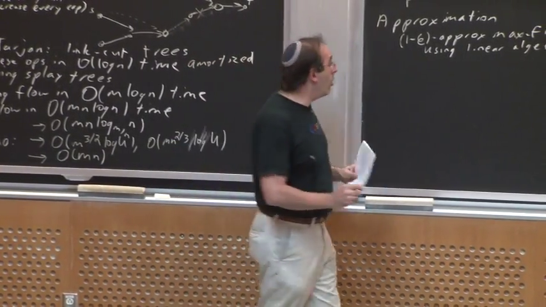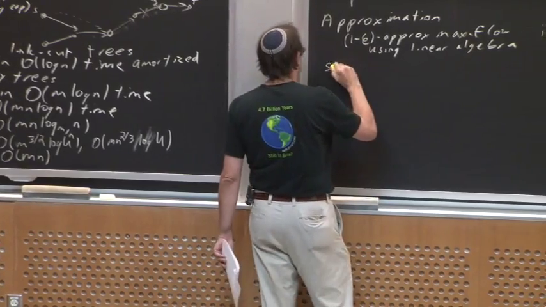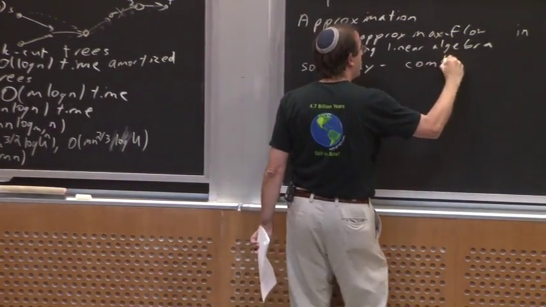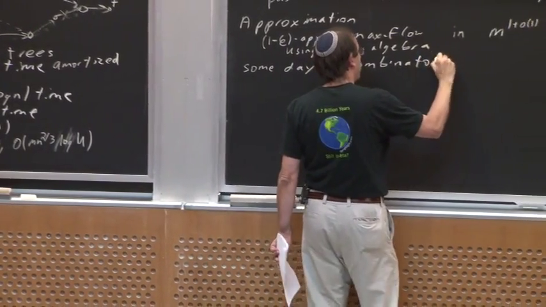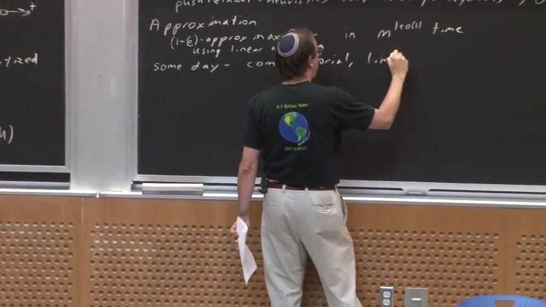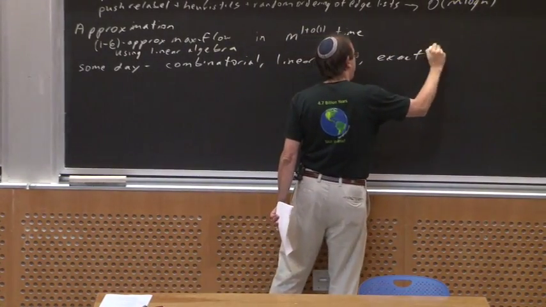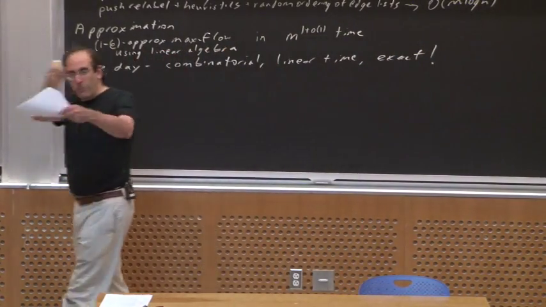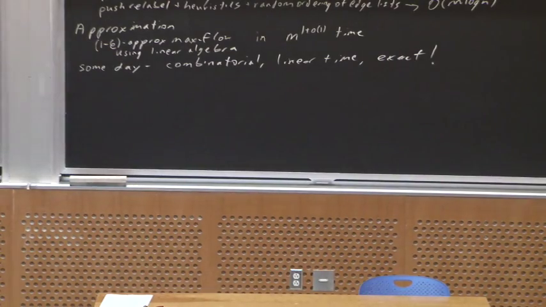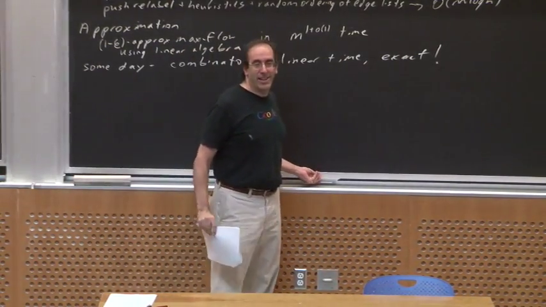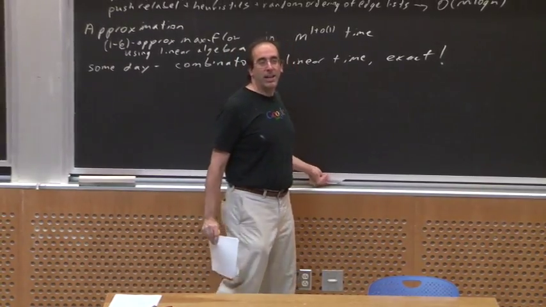And so it's my hope that someday we'll have a combinatorial linear time exact algorithm. And hopefully one of you will be the person who does it so that I can take a little bit of credit for having made it happen, okay?